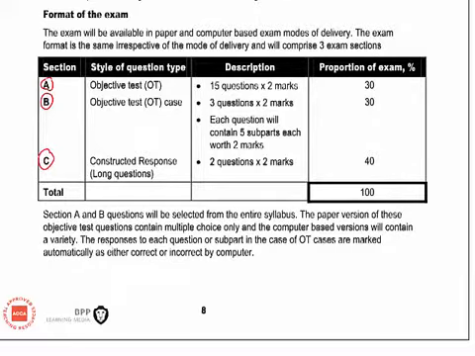Each question is worth 2 marks. Now these questions are structured to cover most of the syllabus area, so you've got to have a good broad knowledge, and one of the key things that you'll be tested on is your understanding of key definitions. So do you know what commercial paper is? Do you know what monetary policy is?